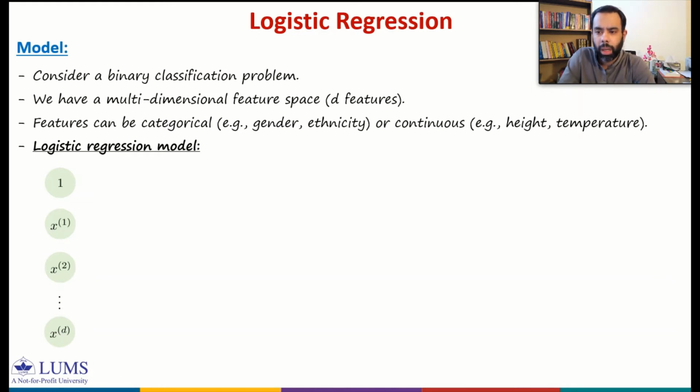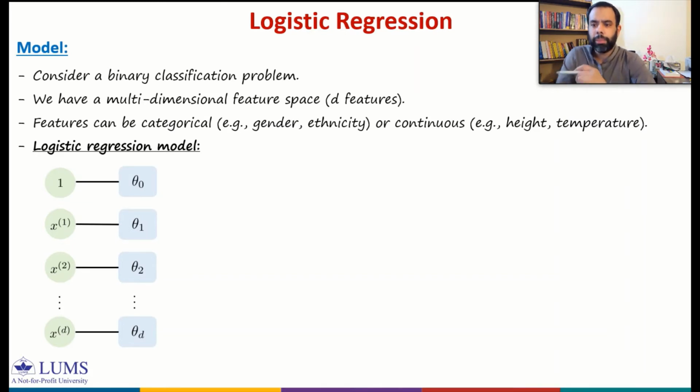We multiply each of these inputs with some variables which are called parameters of the model, theta 0, theta 1, theta 2, up to theta d. So from here onwards, we have the model for logistic regression. So 1 will be multiplied by theta 0, the first feature by theta 1, the second by theta 2, and the ith feature would be multiplied by theta i.